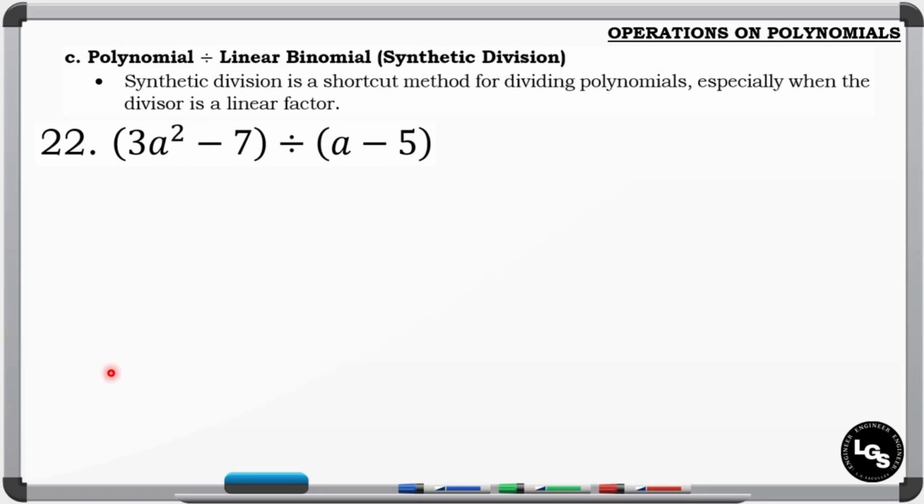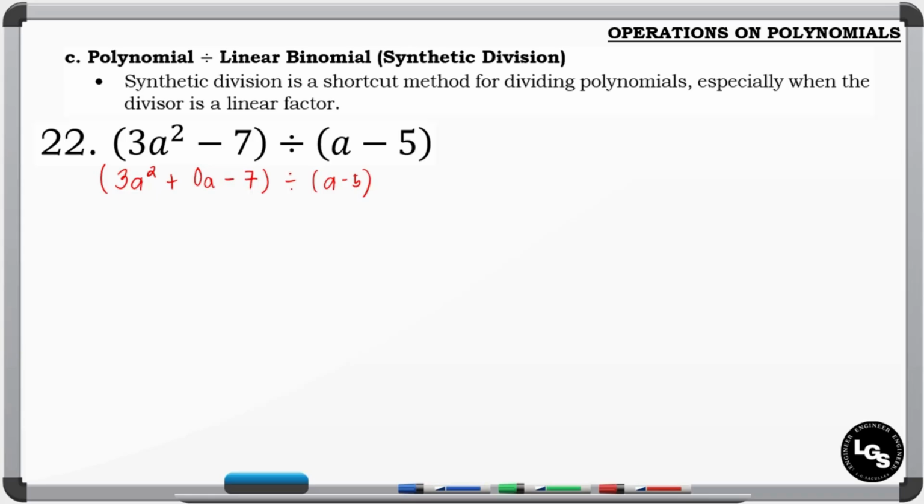So here, we will insert the numerical 0. So it will become 3a squared plus 0a minus 7 divided by a minus 5. So that is the arrangement.